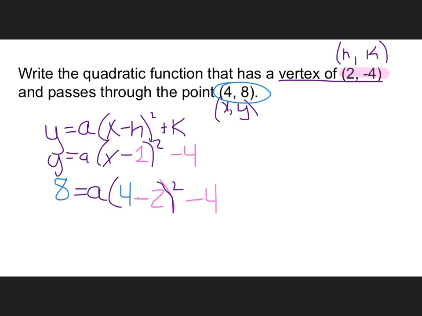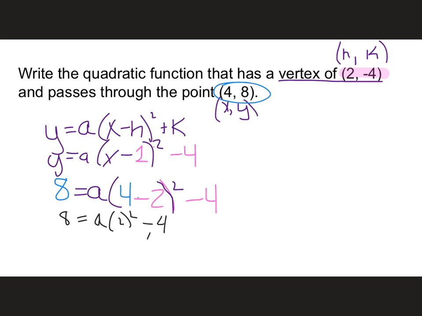Since a is the only variable now that I don't know, I should be able to solve for it. So I'm going to go about solving for a here. I'm going to simplify in my parentheses, and then see what I need to do from there. So 8 equals a times 2 squared minus 4.